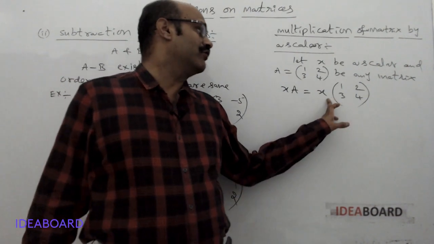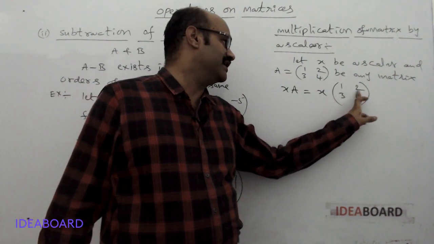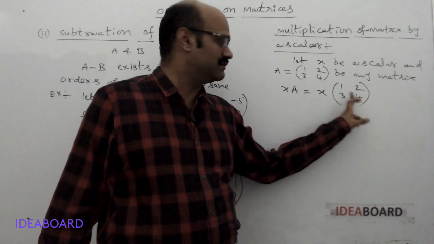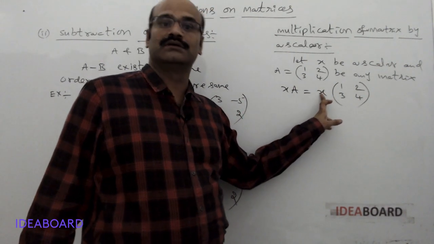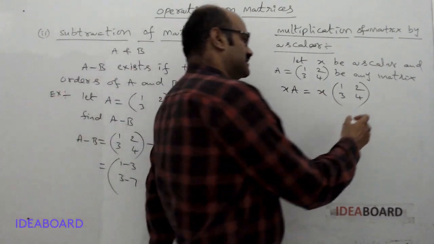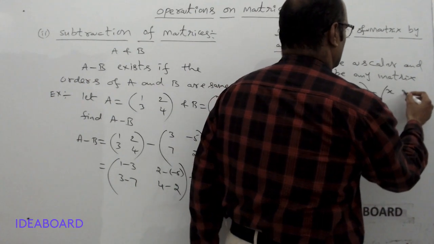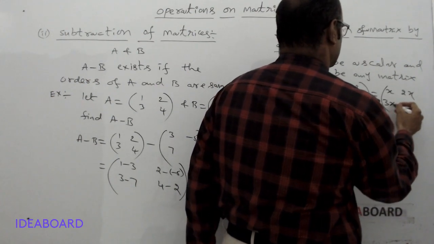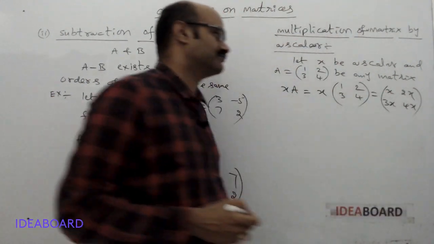Now here we have to multiply each and every element of the matrix by this scalar x, so that it's equal to x, 2x, 3x, 4x.